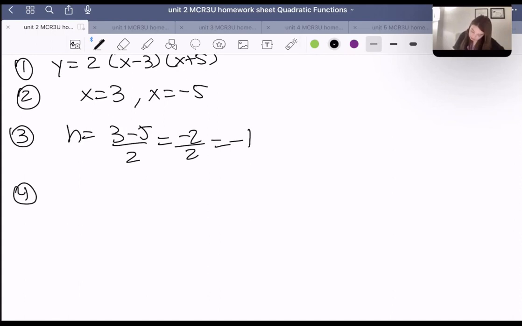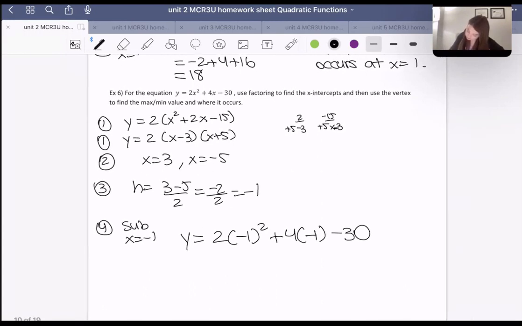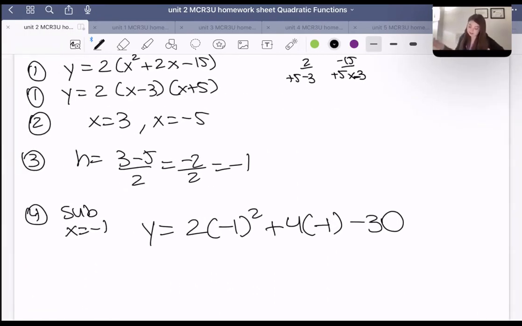Then sub x equals h, which is -1 in this case. So y equals 2 times -1 squared plus 4 times -1 minus 30. Or we could even say k is equal to this. Let's do that actually, I like that better. So k is equal to 2 minus 4 minus 30, which is -32.